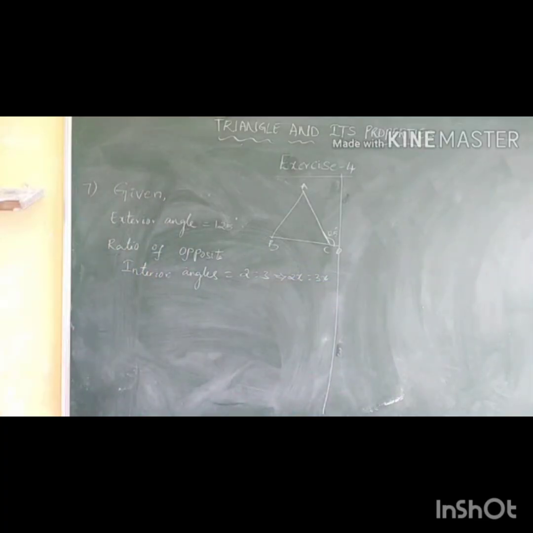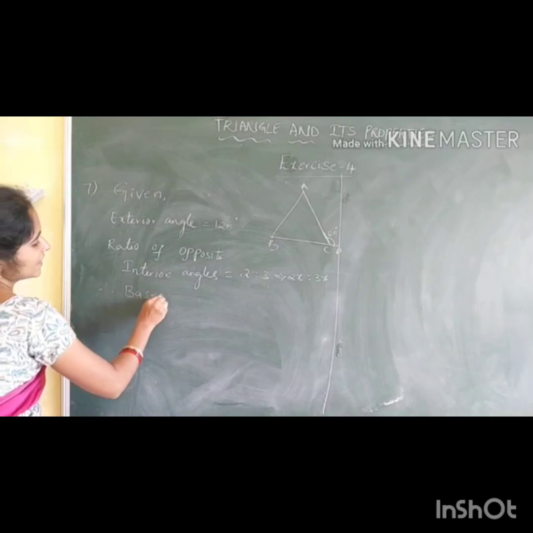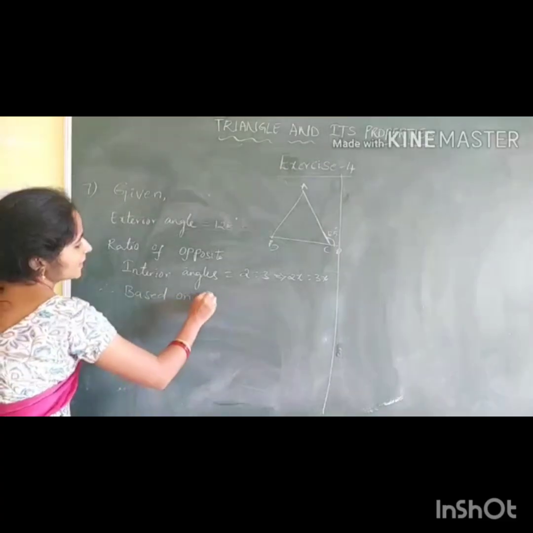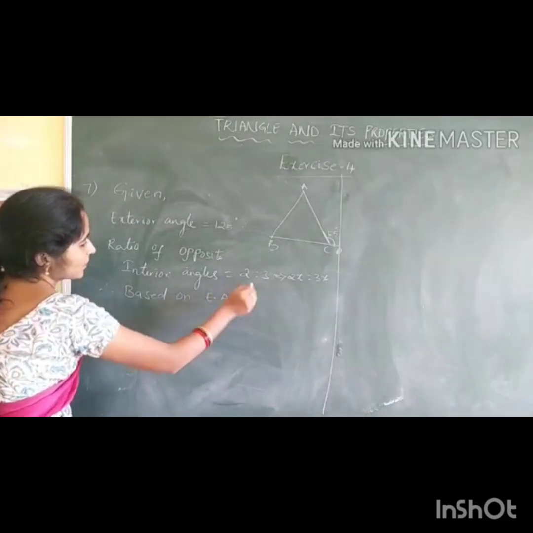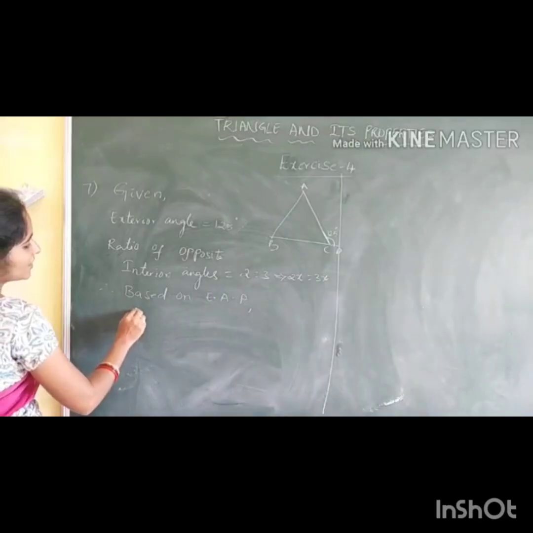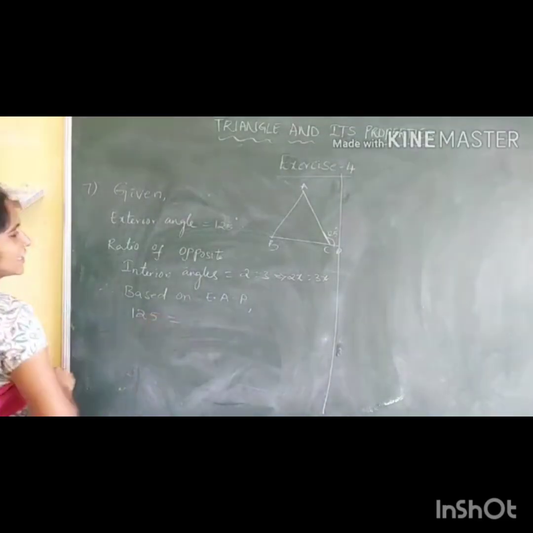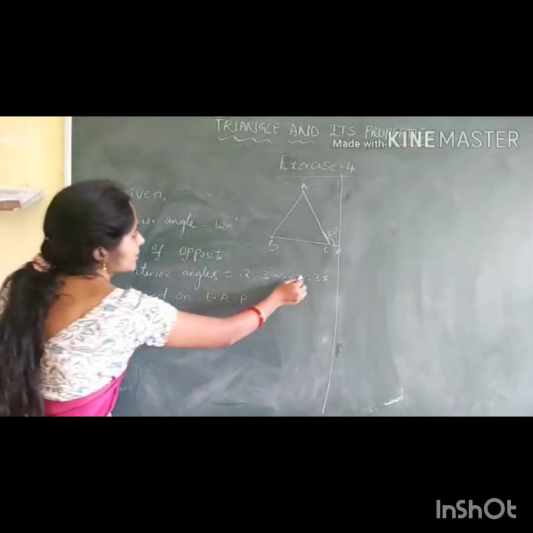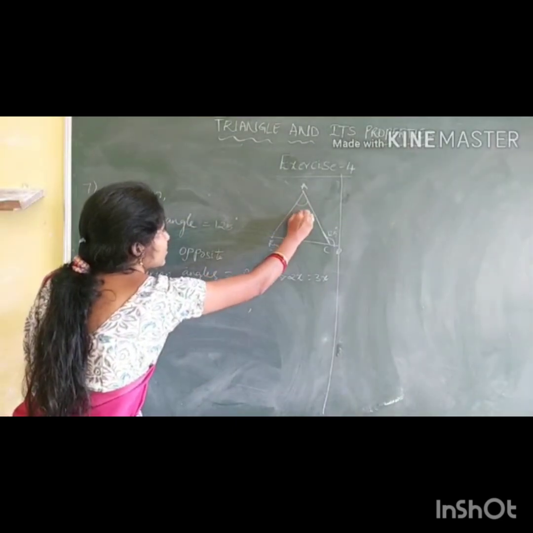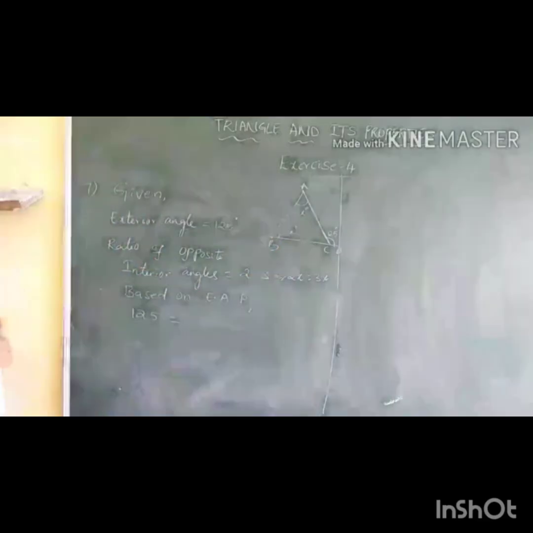Then we can write 2x and 3x. Based on the exterior angle property, the exterior angle is equal to the sum of the opposite interior angles. Here the opposite interior angles are 2x and 3x.